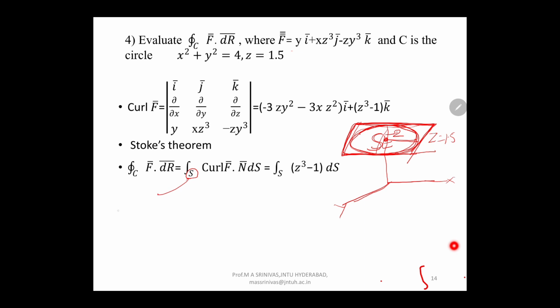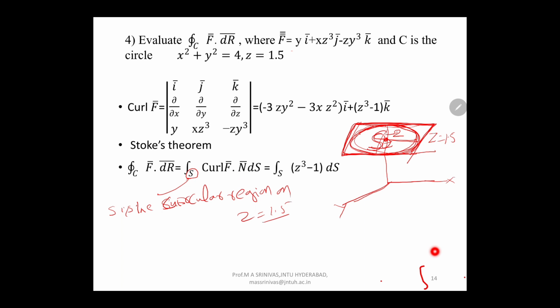What is my S? S is the circular region on the z is equal to 1.5 plane. So integral S curl f bar dot n bar ds.